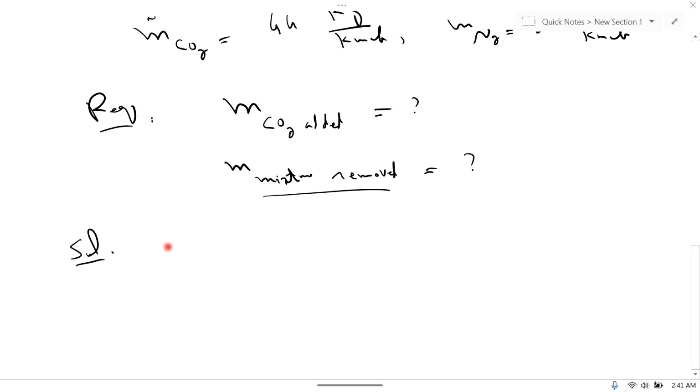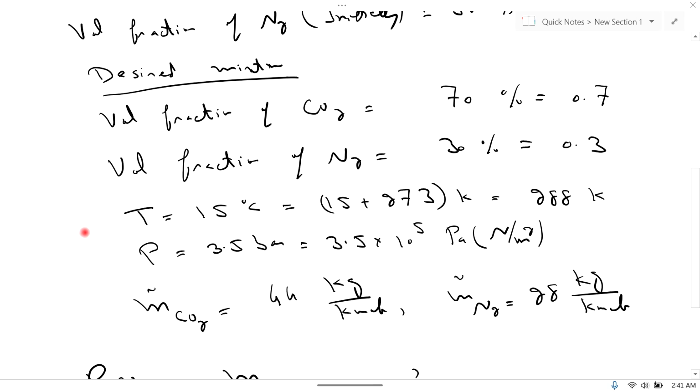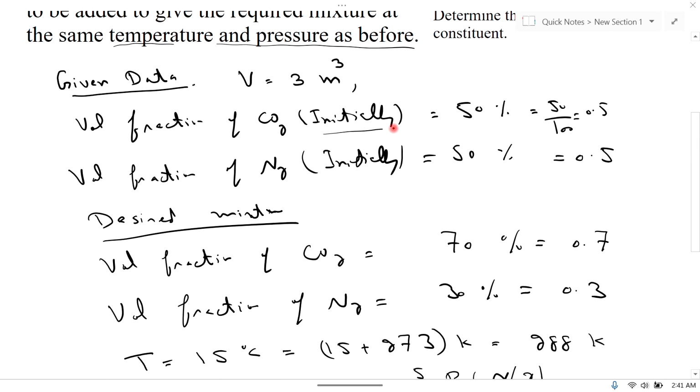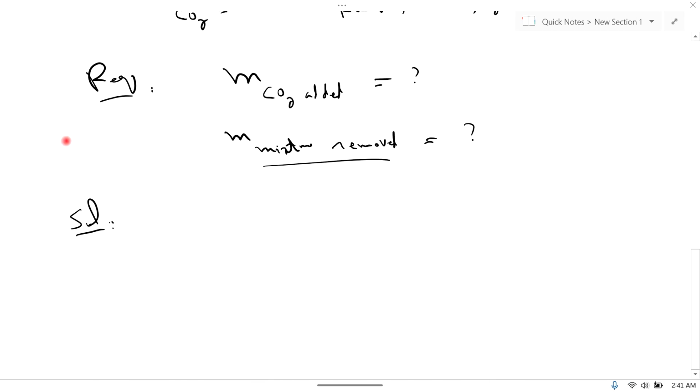In the solution, we know that initially the volume fractions are 50% and 50%, and we know that volume fraction is equal to mole fraction.